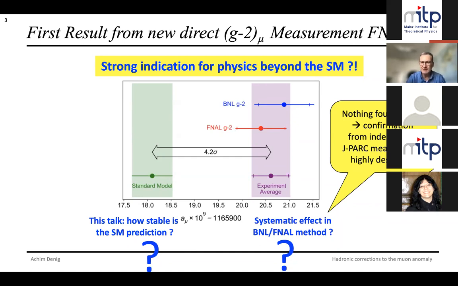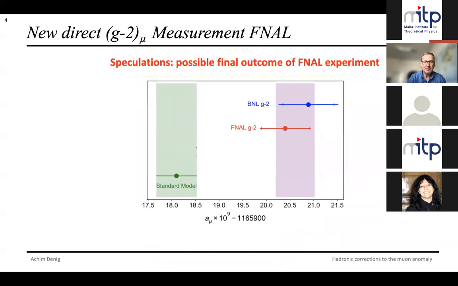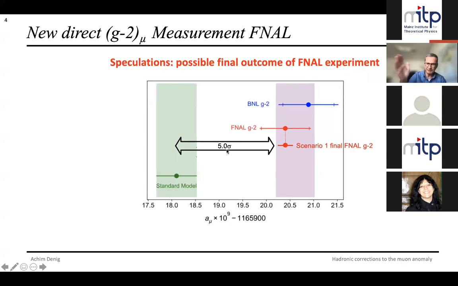Now, the first assumption is, of course, that the central value will stay constant and the error bar will shrink by a factor of 4. In such a scenario, the deviation between experiment and standard model will be on the level of 5 sigma, exactly 5 sigma, which is, of course, the overall goal to resolve new physics.